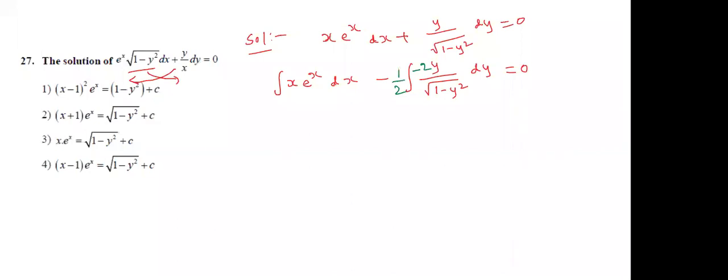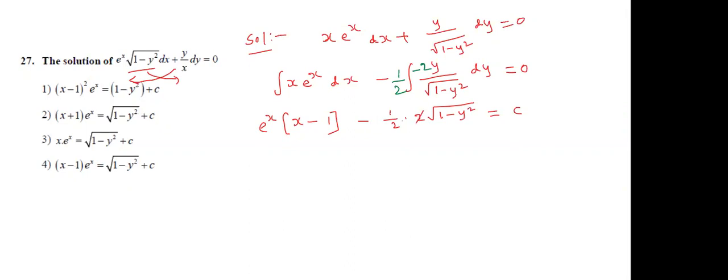Now here integration x e power x dx. Use integration by parts or use the formula e power x into x minus derivative of x. This is minus 1 by 2. What is the formula? 2 root 1 minus y square is equal to some constant c.